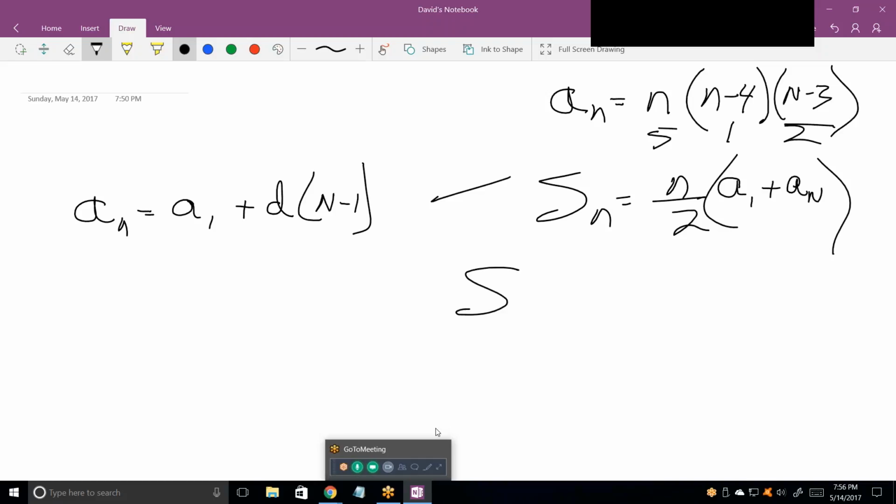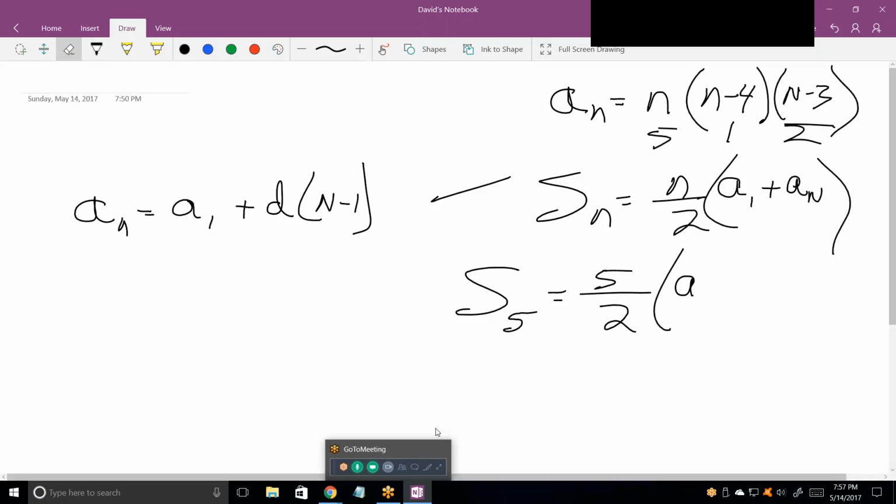That's what they have us do on one of our examples. S sub 5 is 5 over 2 times a sub 1. And they say to plug it in when you don't know the last number of the sequence. If you don't know the last number being added, what do you plug in? You'd plug in that for a sub n.